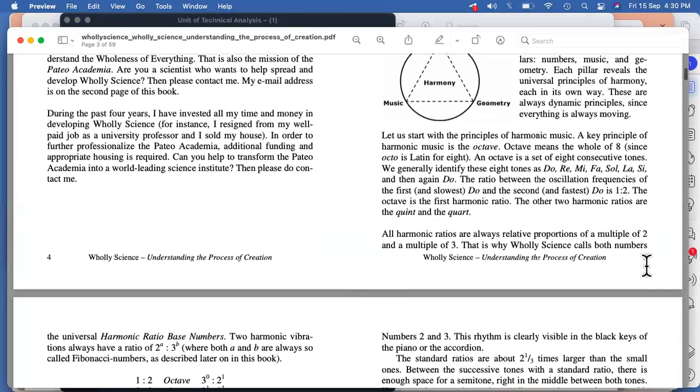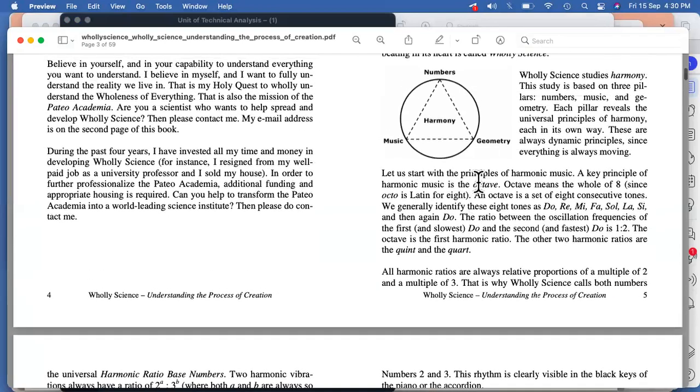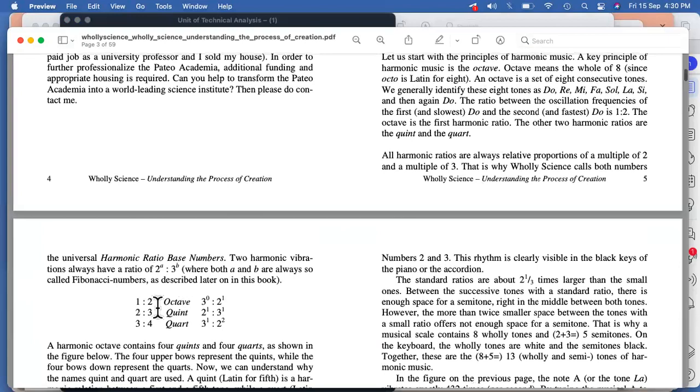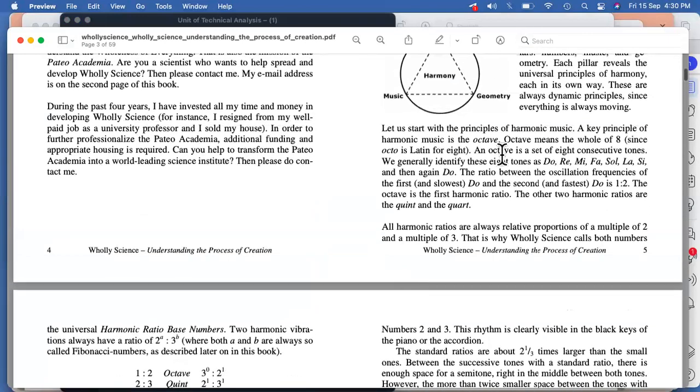Here we go again, page number 5. Let us start with the principle of harmonic music. A key principle of harmonic music is the octave. So octave is the basic. Octave means the whole of 8, since octo is Latin for 8, right?